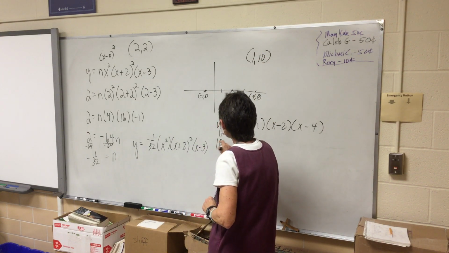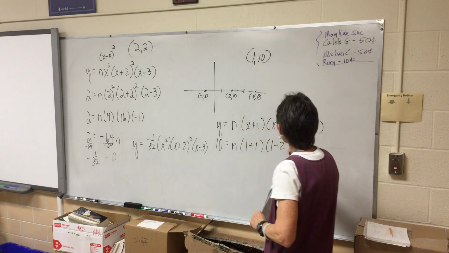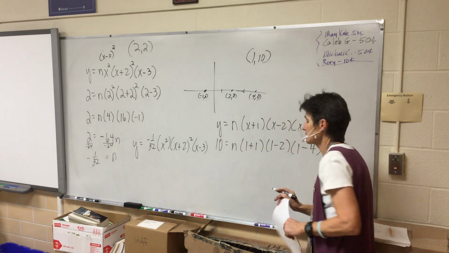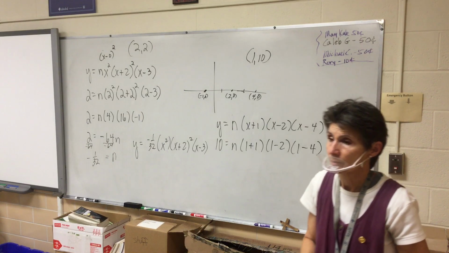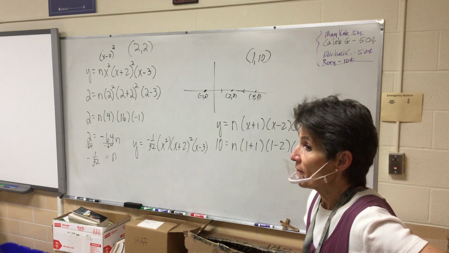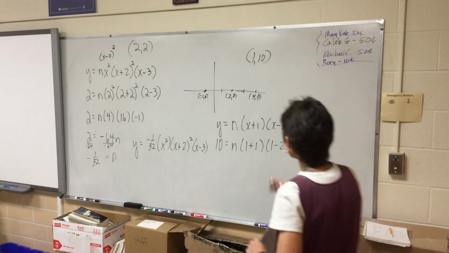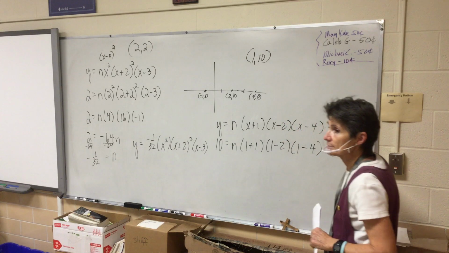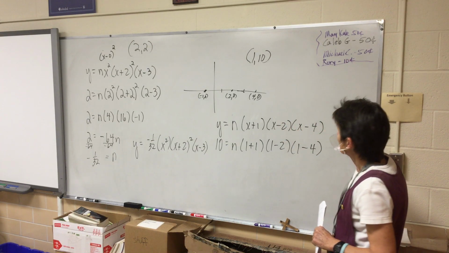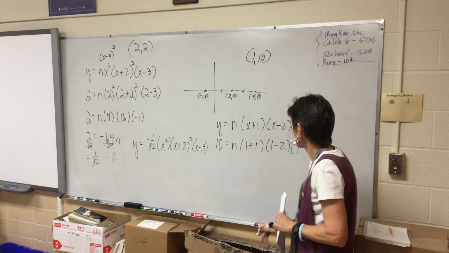So 10 is my y, and 1 is my x. Without the picture, I have no idea if anything is squared or not. But I do know I contain that point, so I can figure out my coefficient.